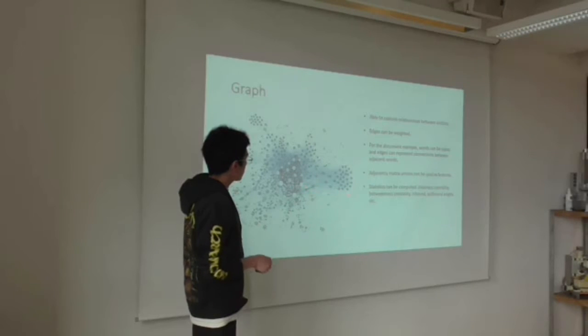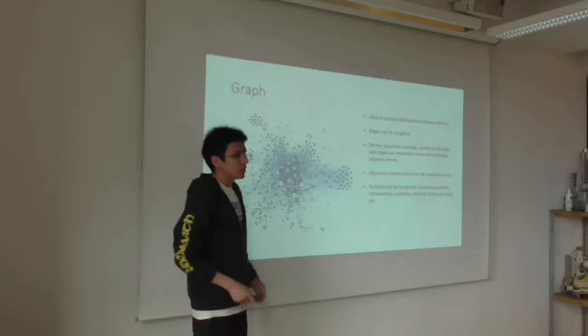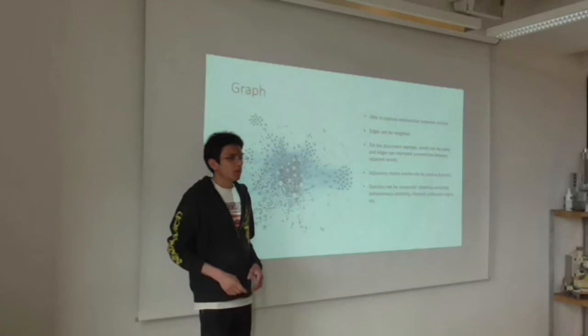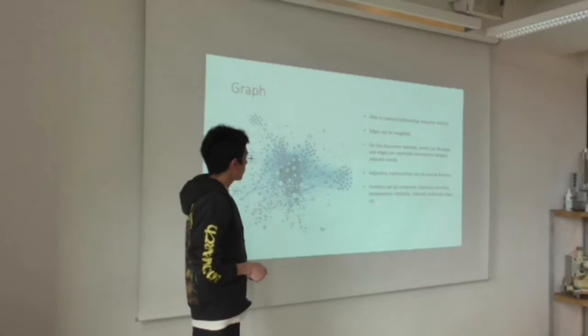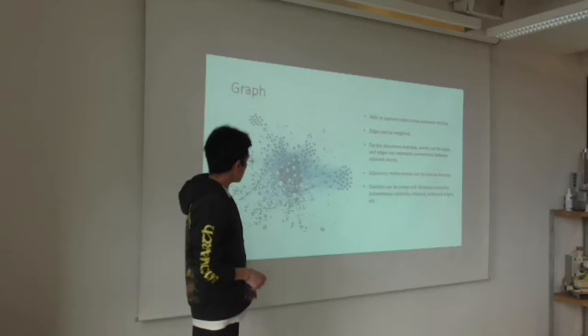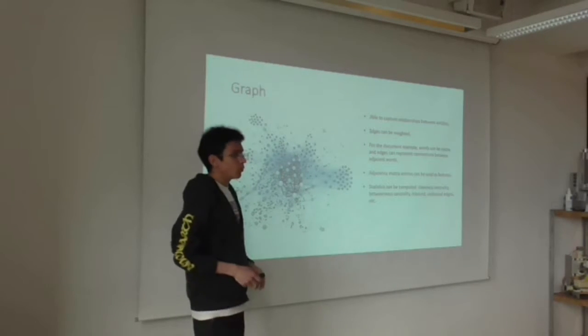Or if you have this, you can also compute some statistics, for example, closeness centrality, which will tell you on average how close a node is to every other node. And you can also compute, for example, the betweenness centrality, which is a measure of how popular a node is.